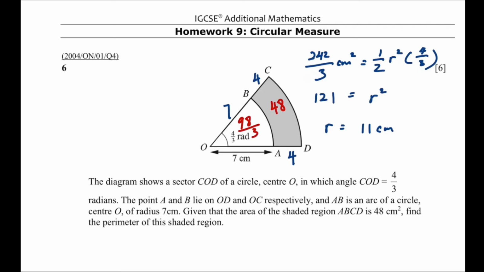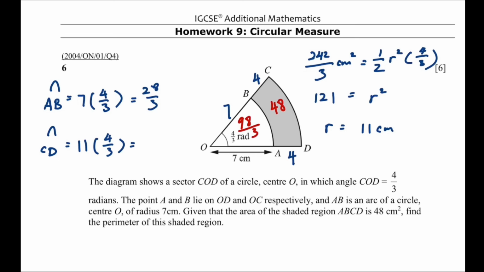Okay, so arc AB will be r theta, 7 is the smaller r, times 4/3. That gives 28/3, and then arc CD, 11, the radius of the bigger sector, gives 44/3.